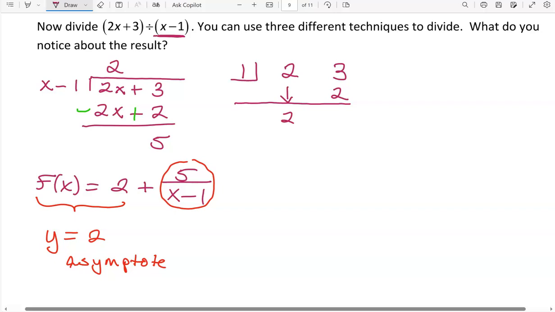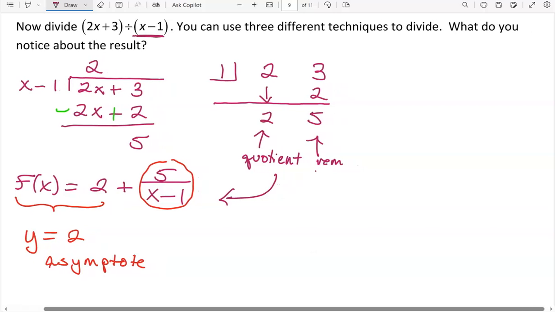I'm going to write that underneath the next number, and then add, and that gives us our coefficient for the quotient, and it also gives us the remainder, and that's going to give us the same result here. We write the quotient plus the remainder divided by the divisor.